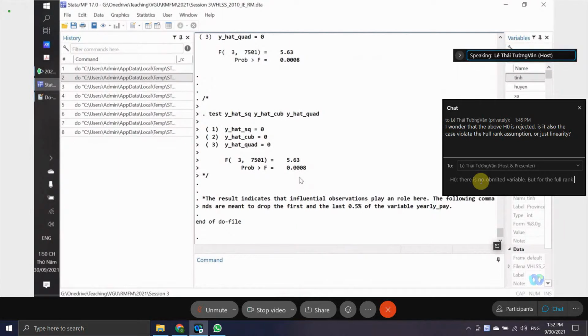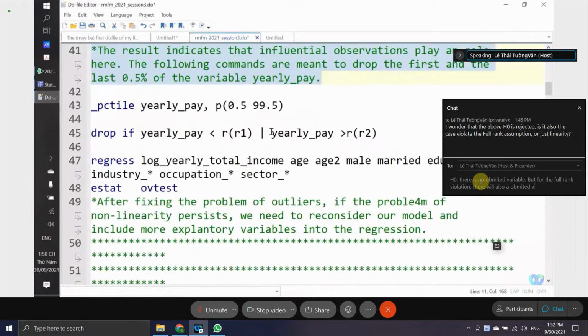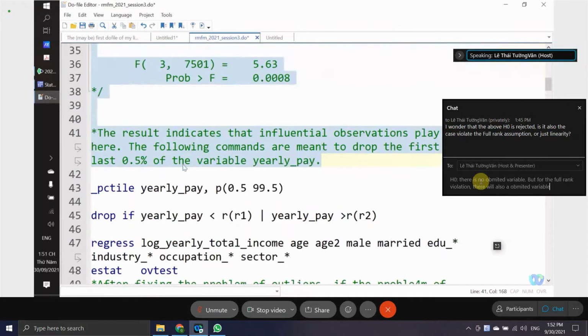In a sense of modeling, you have to look at the data. You have to look at the other variables. So in this case, ladies and gentlemen, I just suggest one way of fixing it, which is to check the data. The data here is yearly pay.